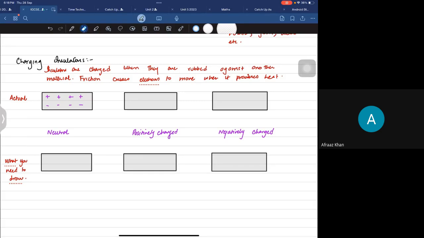Now, if something is positively charged, in reality it means that it has more protons and fewer electrons. It does have electrons, but they're fewer in number. So we just show it as positively charged, although there would be some electrons too. Get it?